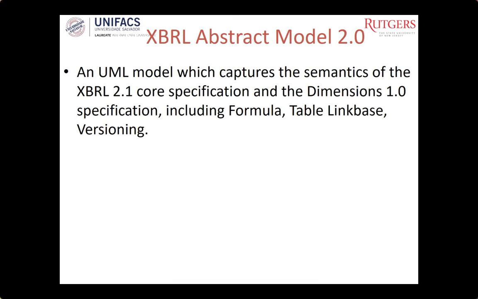This model is a UML approach which captures the semantics of the XBRL 2.1 core specification and XBRL dimension, formula, table basic, version basic, GL taxonomy. These are other modules of the XBRL specification.